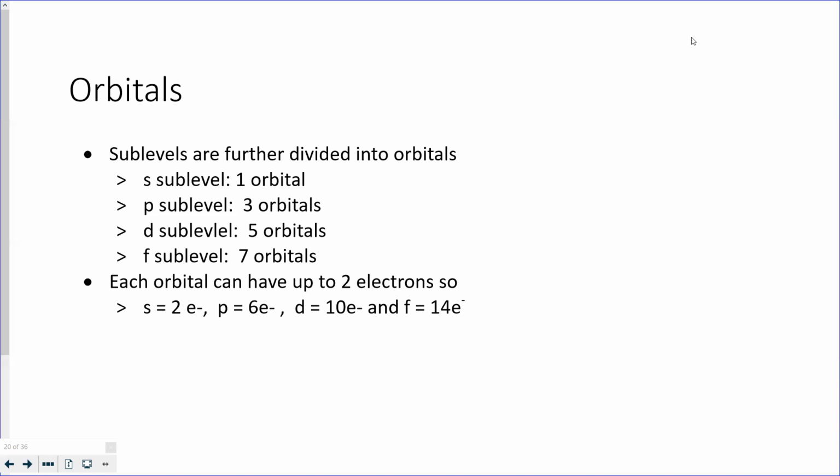So these are important for when we are actually writing our electron configurations. These are the maximum numbers of electrons that are allowed in each sublevel type. The orbitals will come into play tomorrow when we look at orbital diagrams, which is just another way of writing out electron configurations.